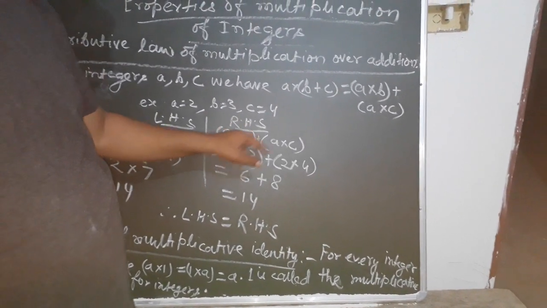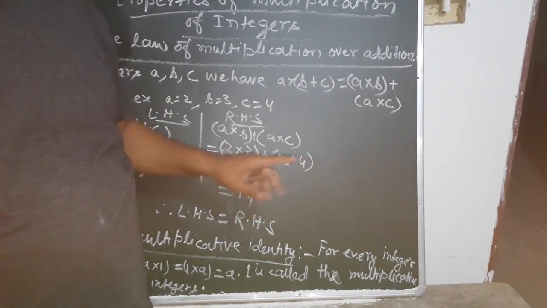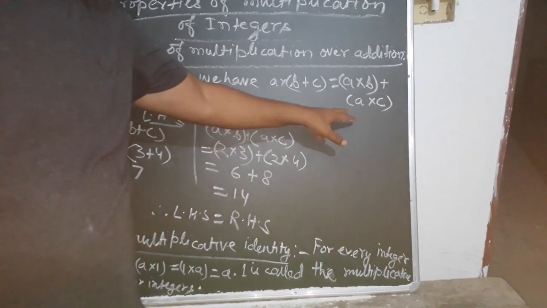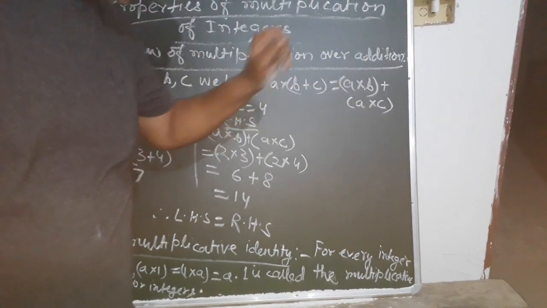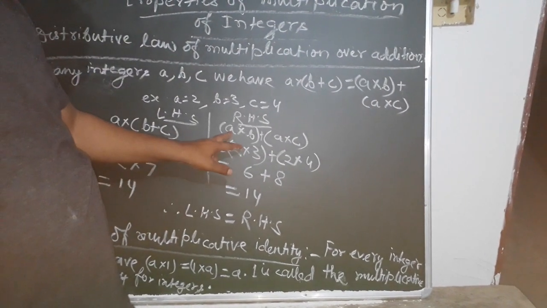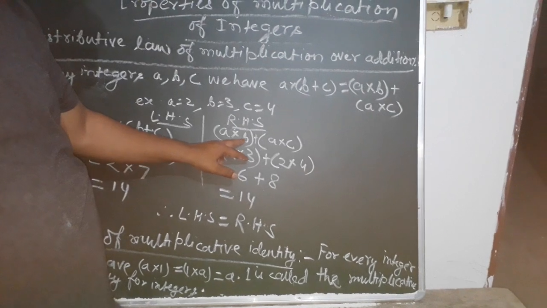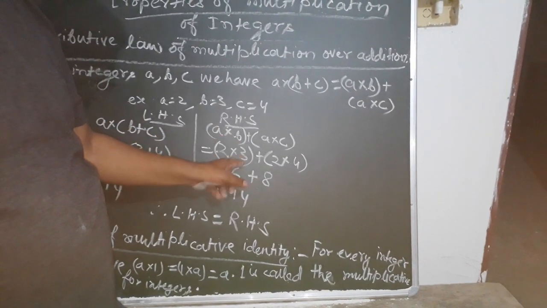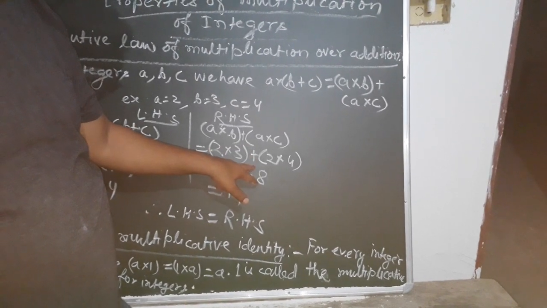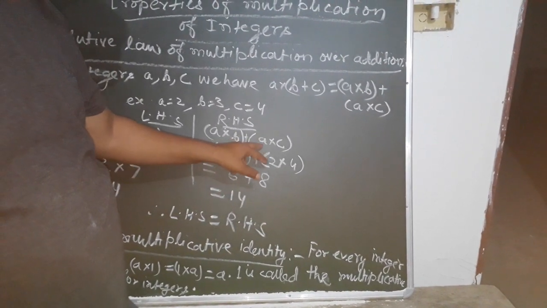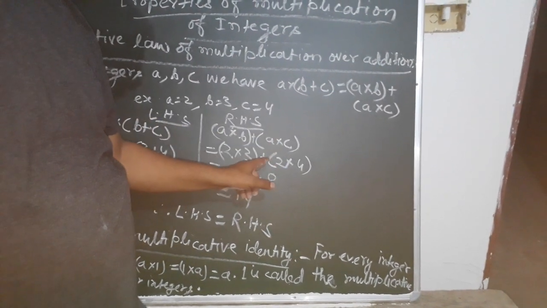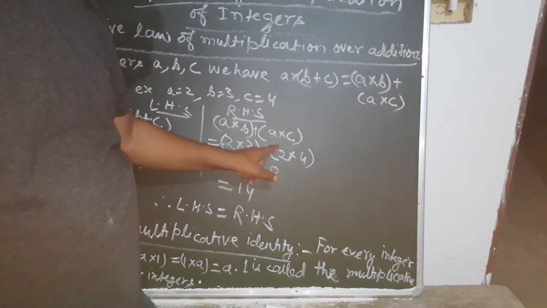In RHS, it was a multiplied by b inside the bracket plus a multiplied by c inside the bracket. So the value of a is 2, the value of b is 3, which is inside the bracket. Outside the bracket, the sign is plus. Again, a multiplied by c is inside the bracket. The value of a is 2.